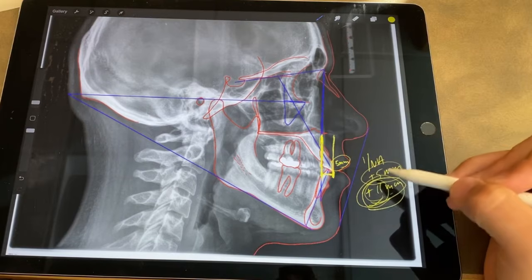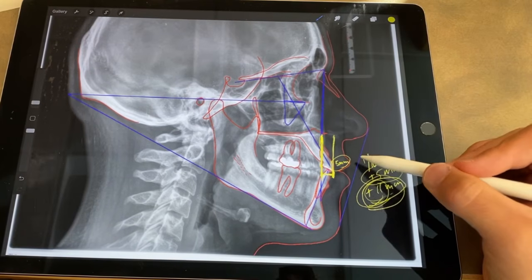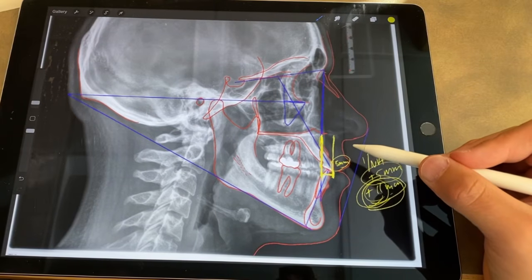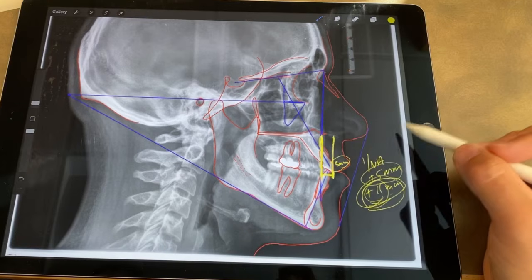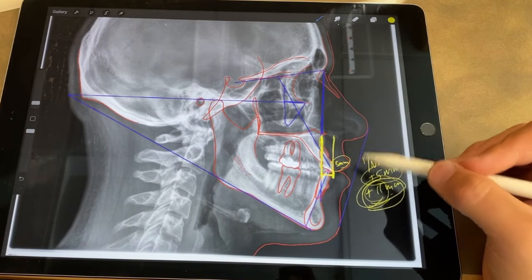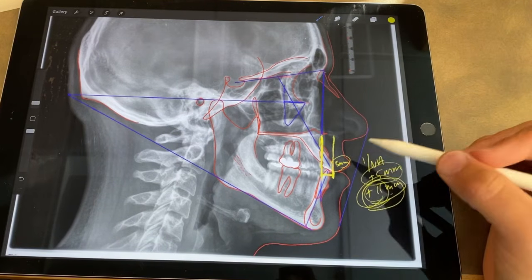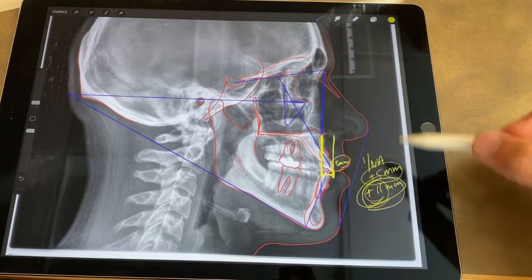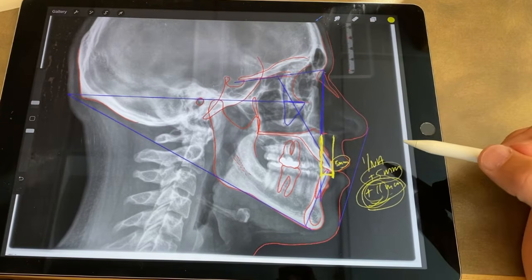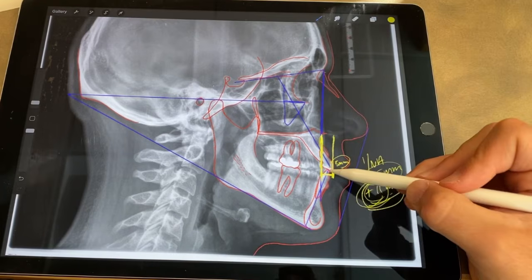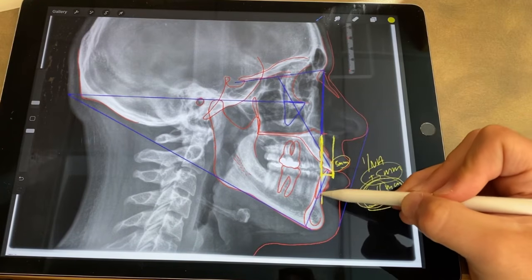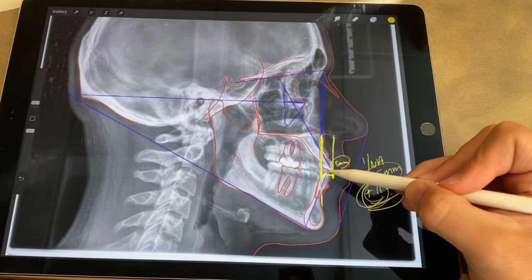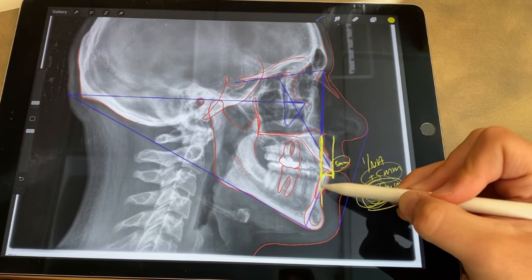Plus 5 being about average. If it were like plus 8, plus 9, that's quite a bit up there. 10 or 11, 12 or more, then you're looking at possibly an extraction patient, or even some moderate IPR to help bring that back some. And then same with the bottom. Here's that NB line, and then here's the lower incisor.